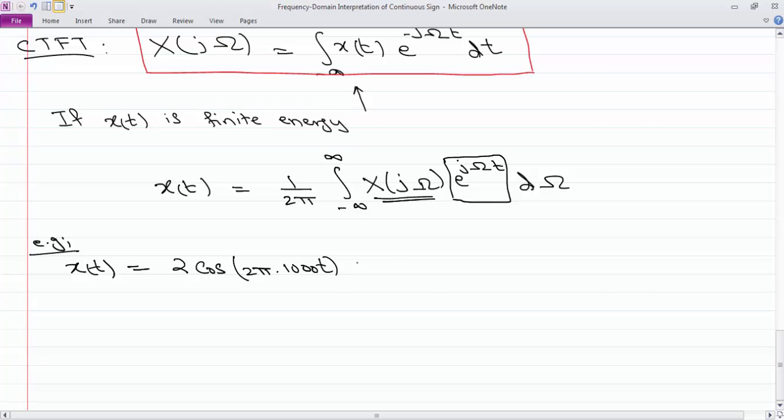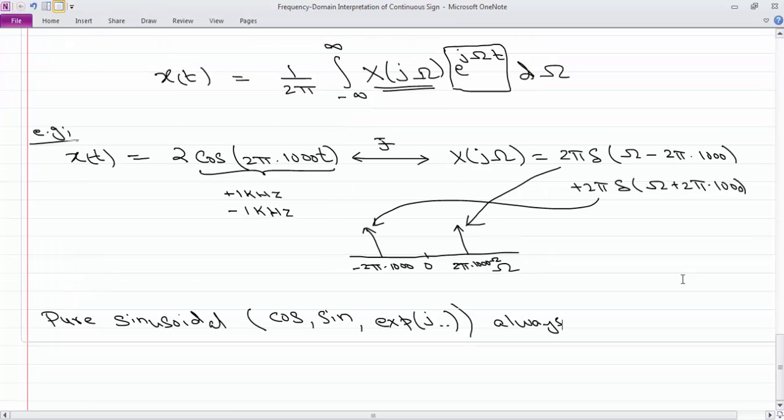It's a cosine, and the Fourier transform of this is x of j omega equals 2 pi delta of omega minus 2 pi times 1000, plus 2 pi delta of omega plus 2 pi times 1000. Now if we think of them in terms of a plot in the frequency domain, the omega domain, then what that means is we have two impulses, one at 2 pi times 1000 radians per second and the other at minus 2 pi times 1000 radians per second, and the area under both of these impulses is 2 pi.